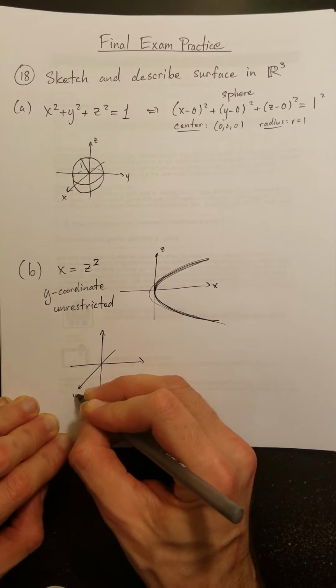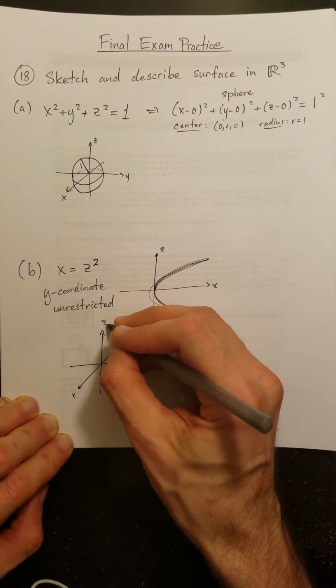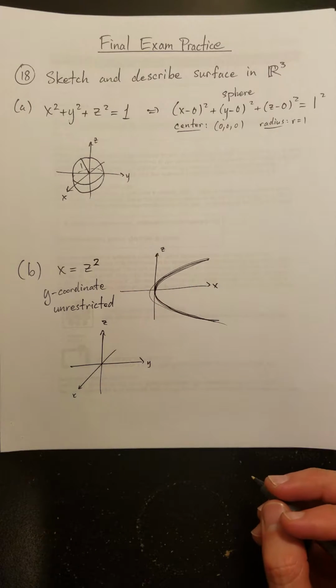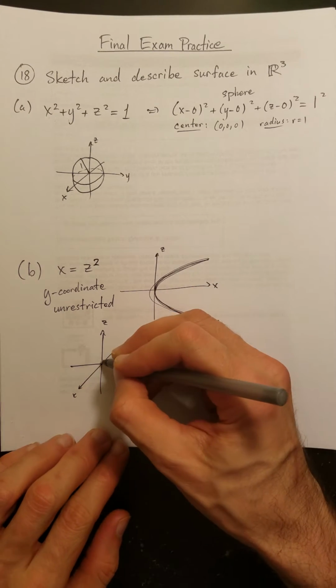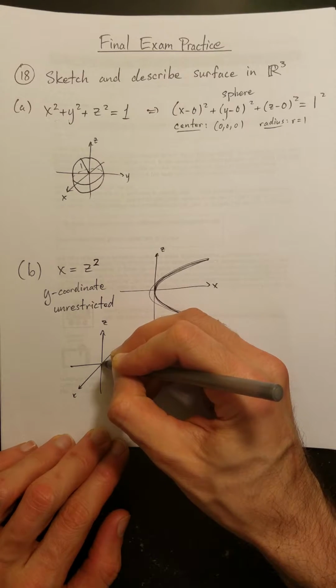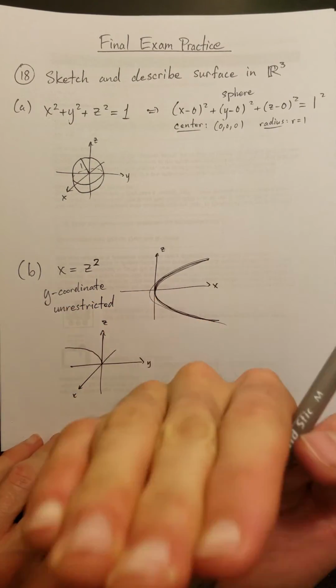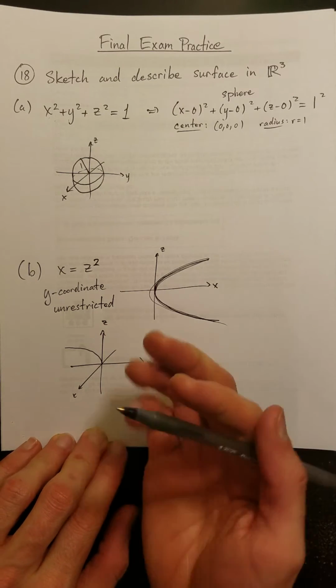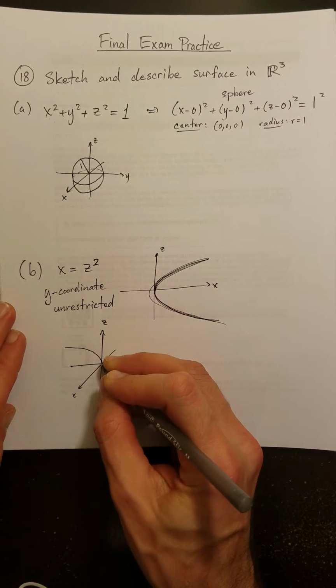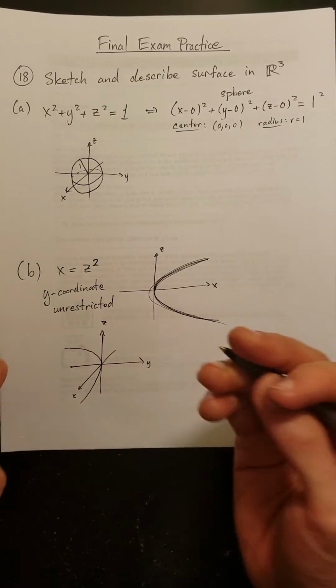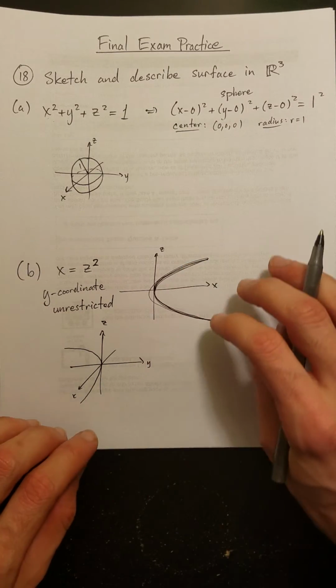So we've got our x, y, and z. We're going to have something kind of looking like this coming out. You should think about that as coming straight out of the paper along the x-axis, and this also coming out of the paper along the x-axis as well.